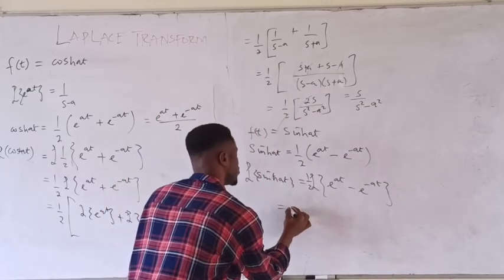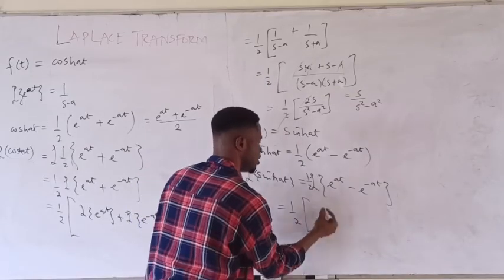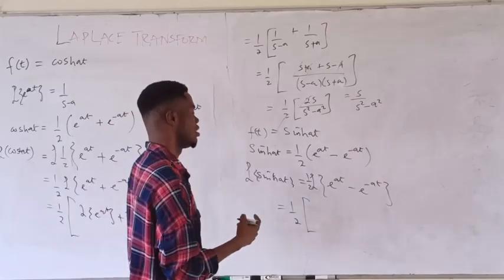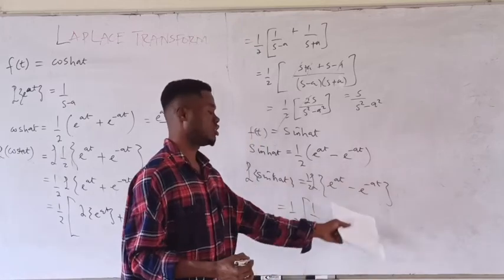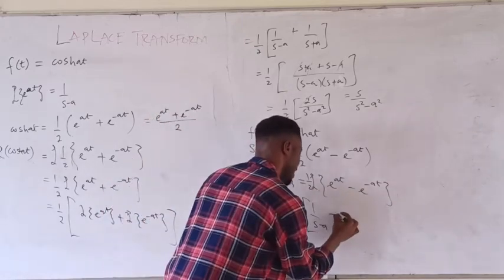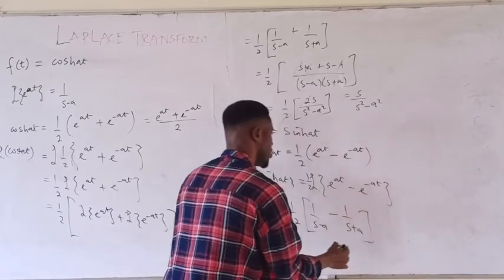And now this is equal to, as usual, just like we did here, 1 over 2 into the Laplace of exponential of at, which is 1 over s minus a, and the Laplace of exponential of minus at is minus 1 over s plus a.